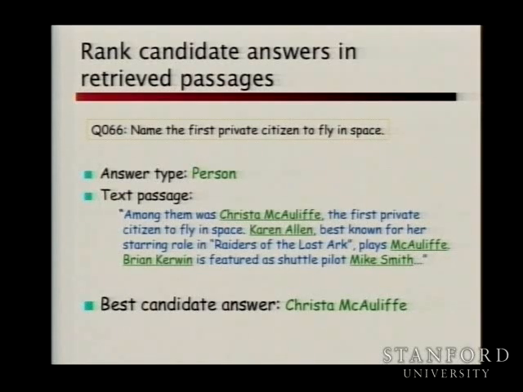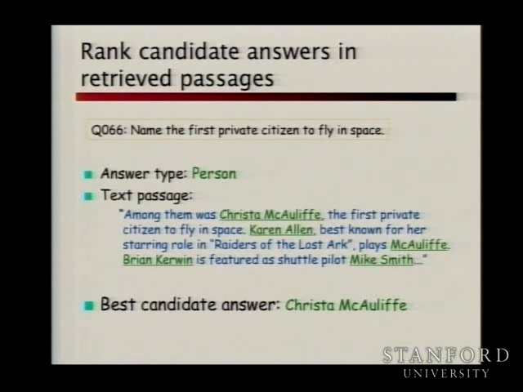So the picture you have is like this. The question is, name the first private citizen to fly in space. And so we've worked out an answer type, person. Crucially, once we've worked out an answer type, we can then use a named entity recognizer to work out candidate answers, so that we can look for person names. And so we have Christa McAuliffe, Karen Allen, Mike Smith, and Brian Kerwin.